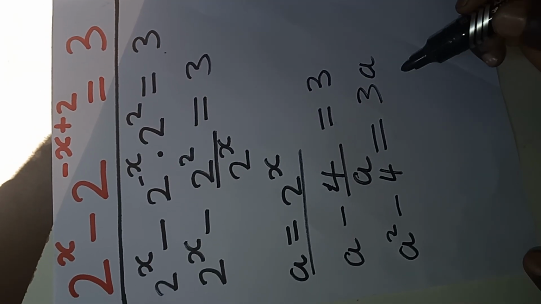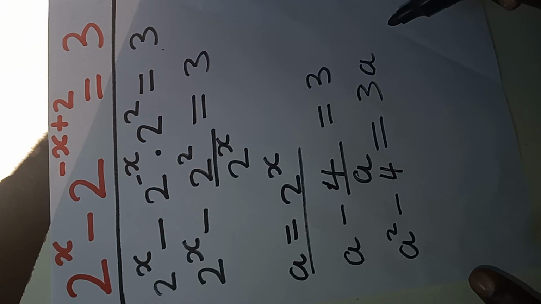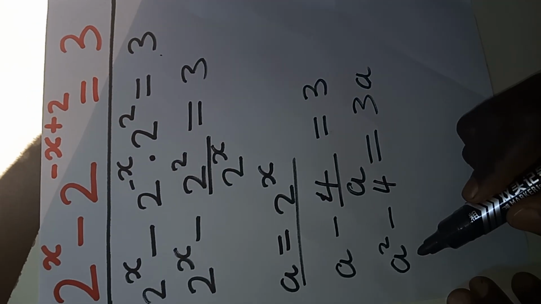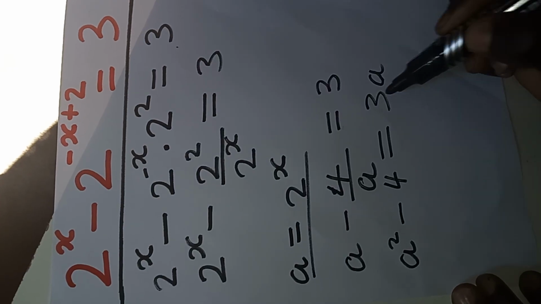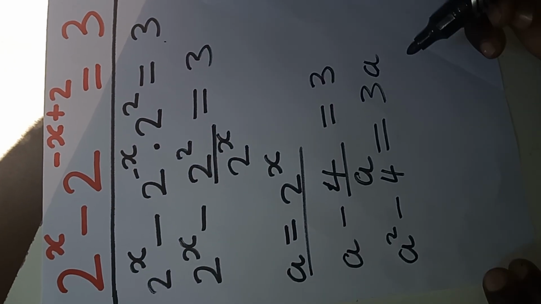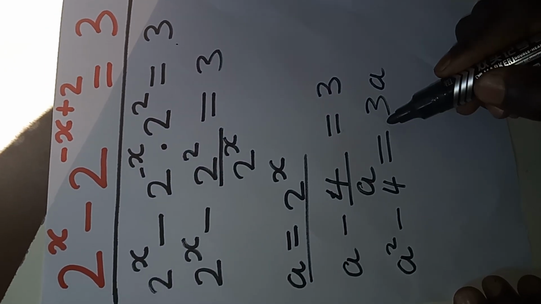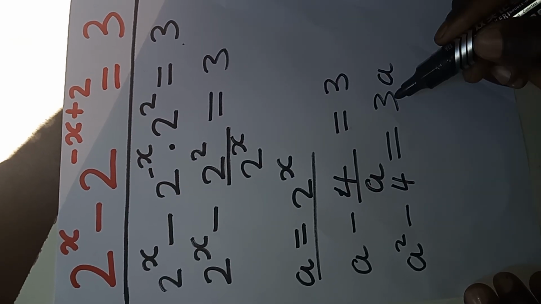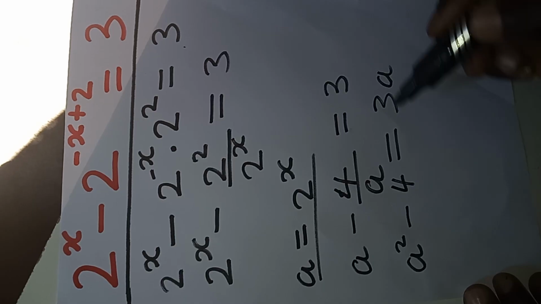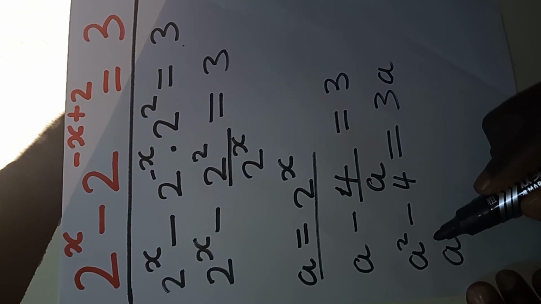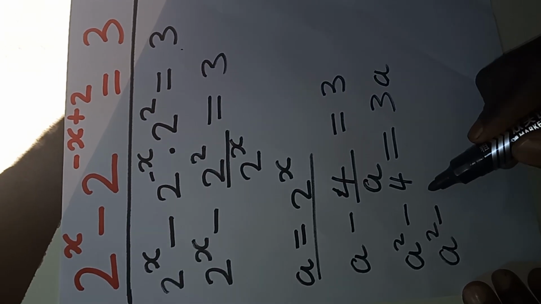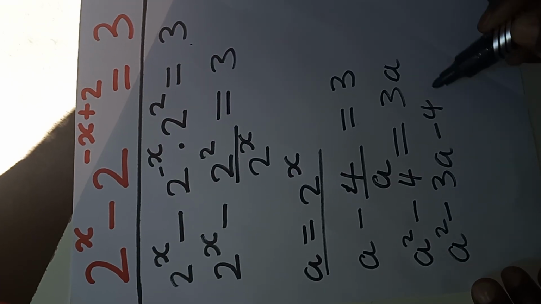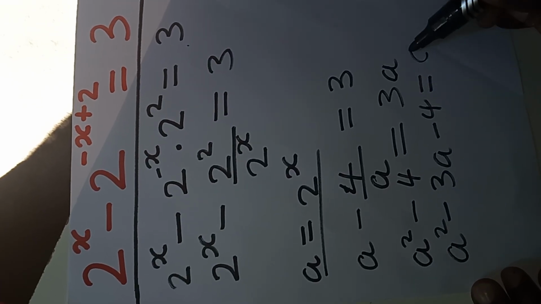So remember, guys, this is our new equation we want to solve for a. So I'm bringing this side to the left side, and we're transposing it, and it becomes a negative, because each time we transpose, jumping the equal sign, the number changes the sign. So in this case, it becomes a squared minus 3a minus 4 is equal to 0.